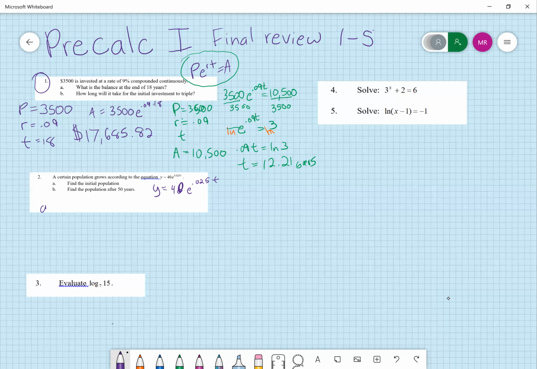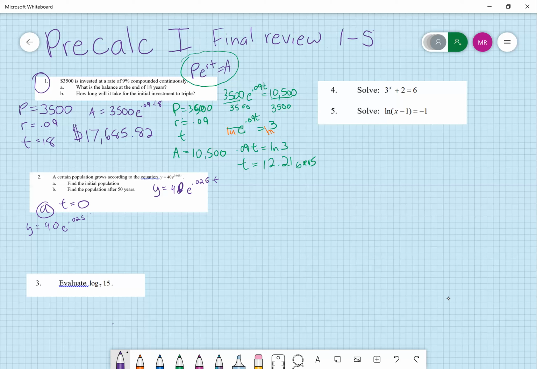So in part A, it asks us to find the population at the initial time. At the initial population, or the onset, our time equals 0. So we put this in, we get that y equals 40 times e to the 0.025 times 0.